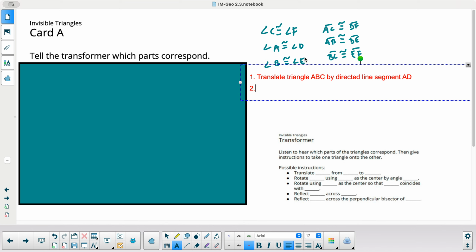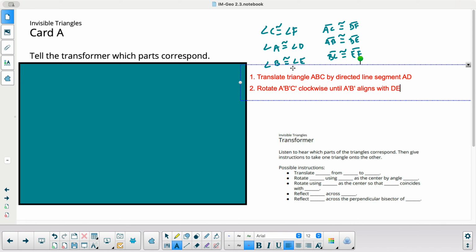And then I'm going to say rotate A prime, B prime, C prime, either direction. I'll just say clockwise until A prime, B prime aligns with DE.